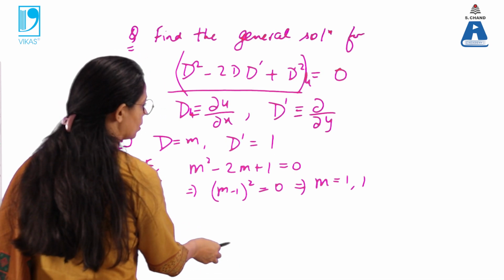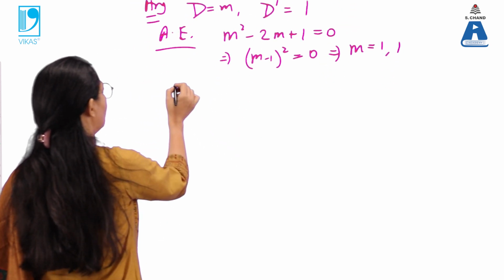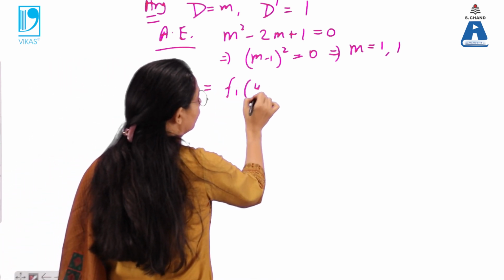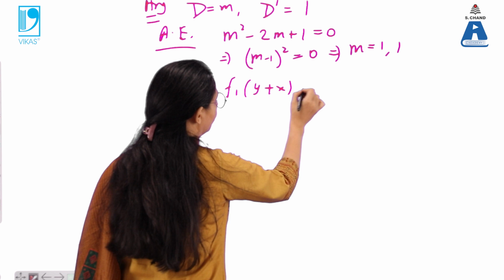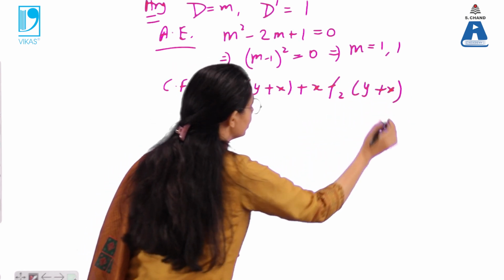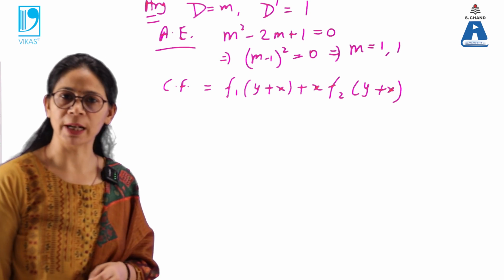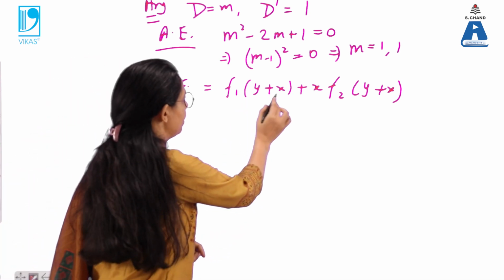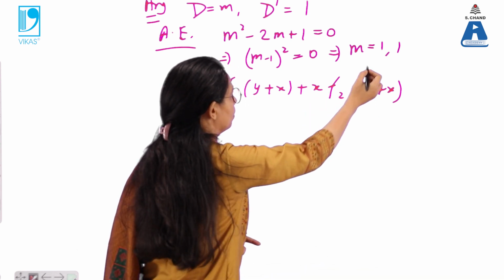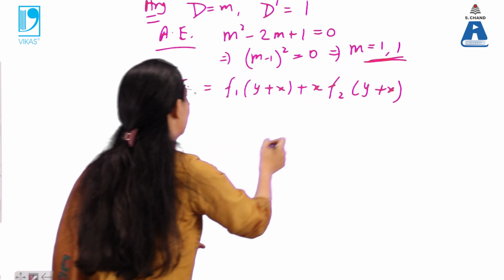So how to write down the solution for this? The complementary function will be written as F1(y plus x) plus x F2(y plus x), because the values of both m1 and m2 are 1, therefore y plus m1x and y plus m2x, and x will be multiplied because both the values are same.